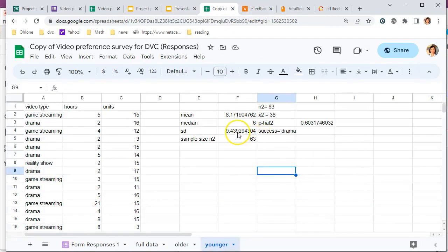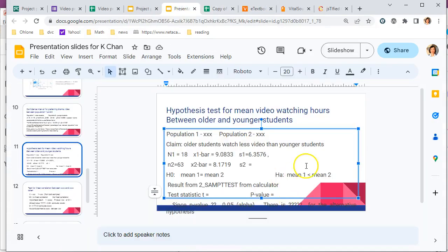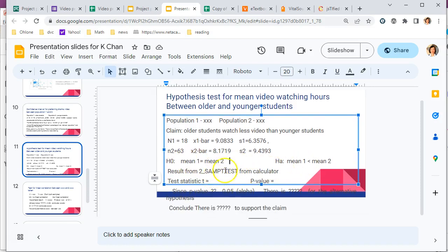S2 is 9.4393. I think there are outliers in the second one, so it makes the number larger. So H0 is this, and H1 would be mean 1 is less than mean 2.